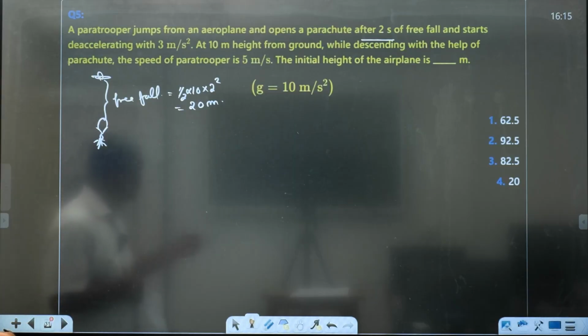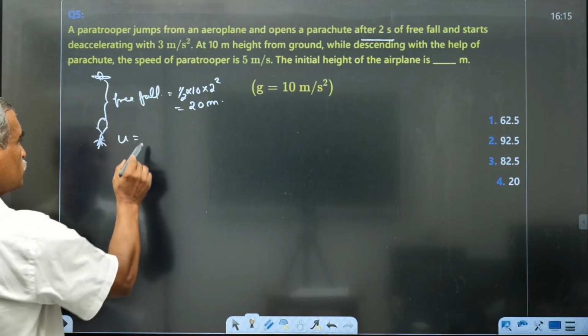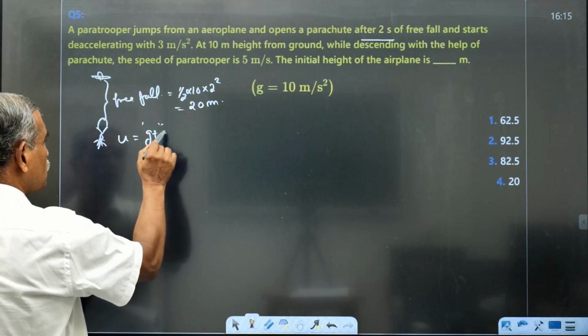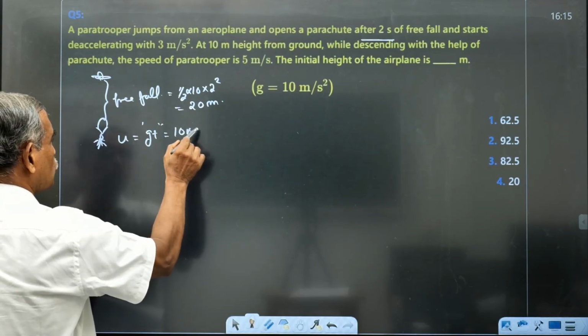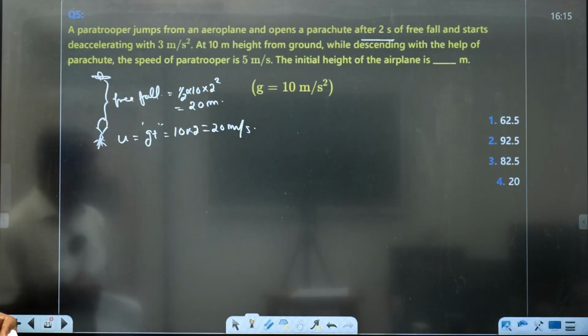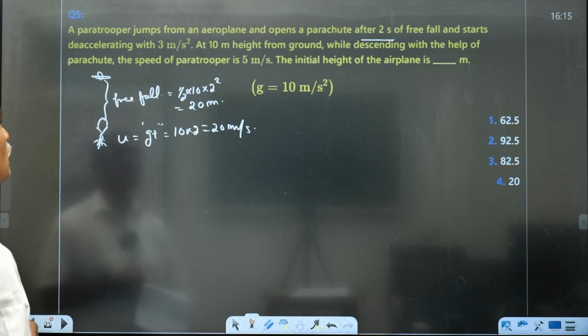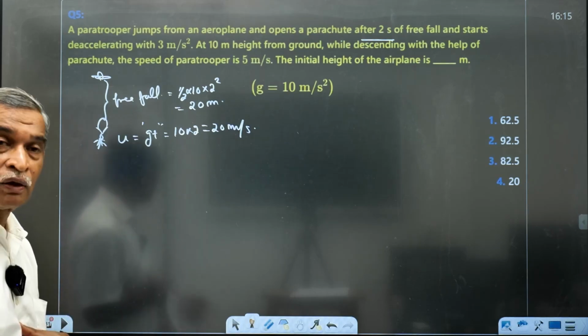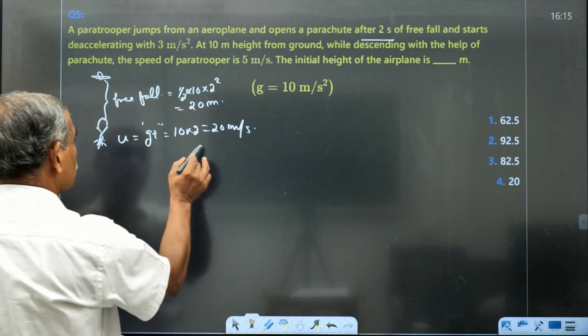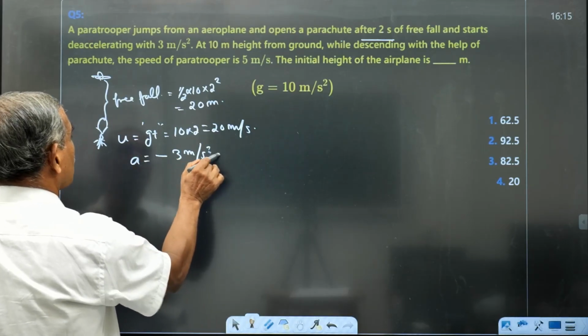Free fall, v is equal to u plus a t, which is g t. Here the velocity at this position is 10 into 2, 20 meters per second. From there he is going with a deceleration of a equal to minus 3 meters per second squared.